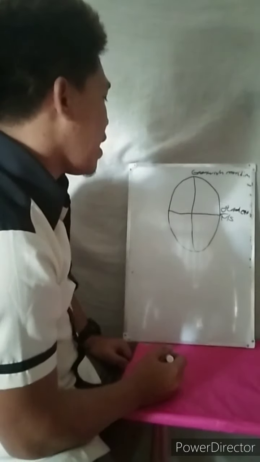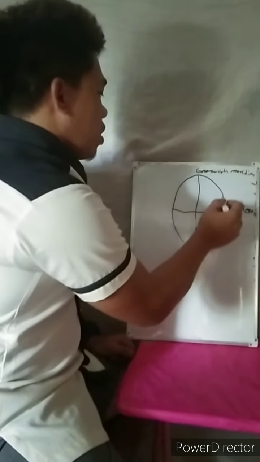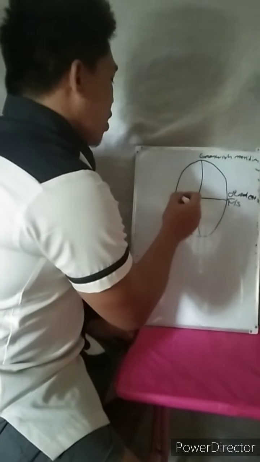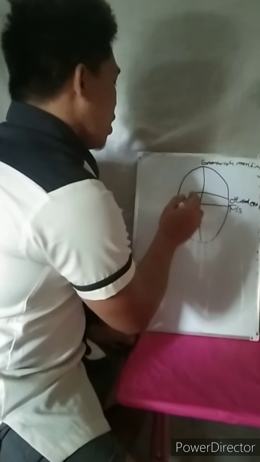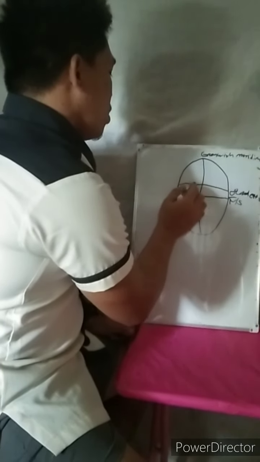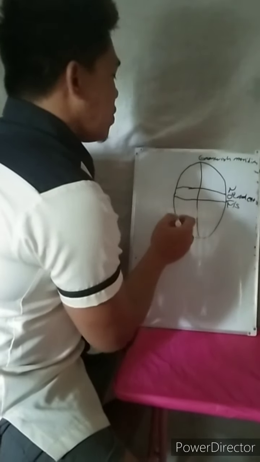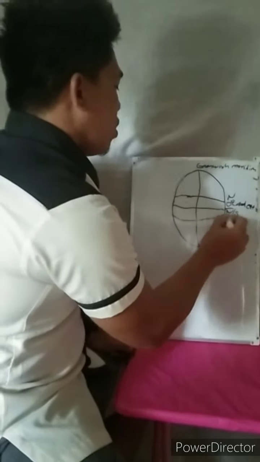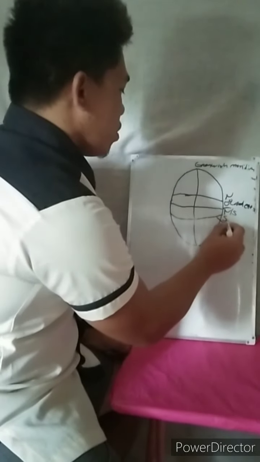So maghambal kita nga latitude, makita na sa nimo sa dalom sa equator or sa babaw sa equator. Dira na nimo makitaan sa babaw sa equator, latitude. So this is north pole, and south pole. So mao na siya.